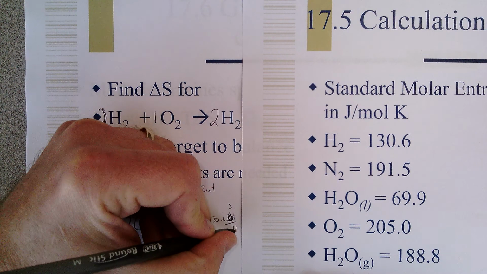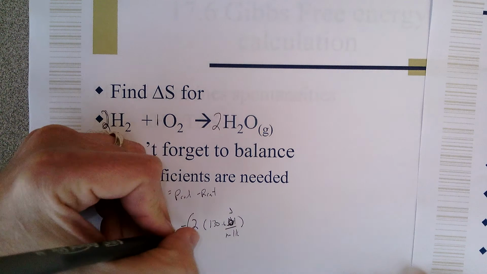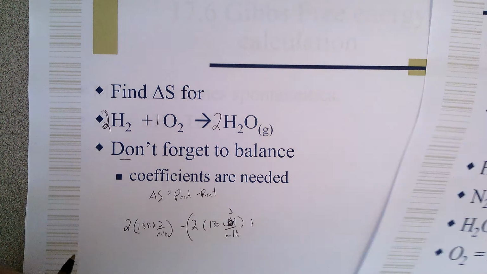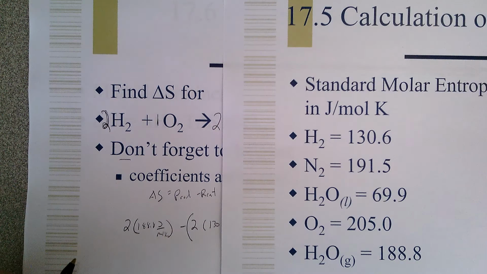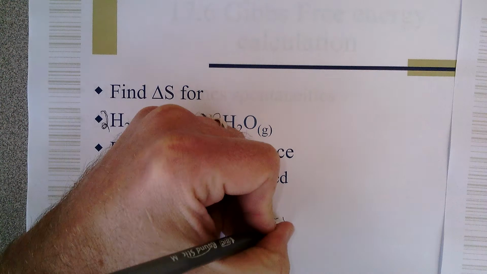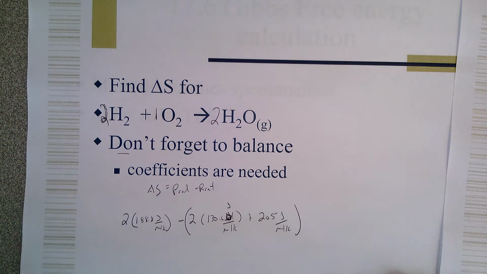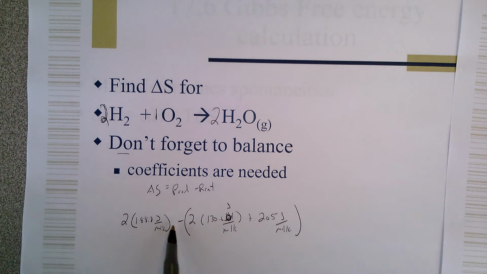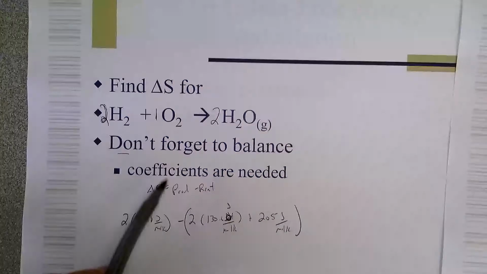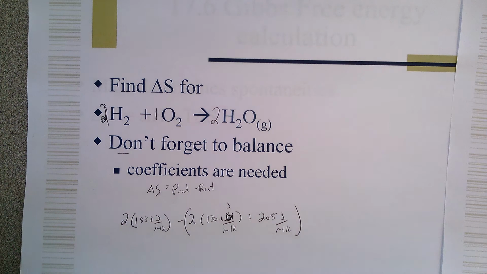And to that, we will also add oxygen, which is 205 joules per mole Kelvin. There are 2 waters and water is a pretty good value here, but overall we're going from 3 gases to 2 gases. So we can see where we're going to end up positive or negative.